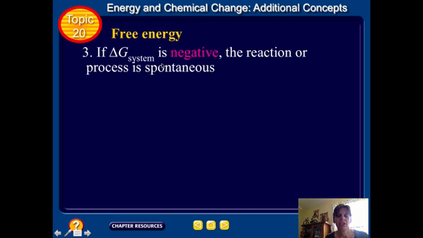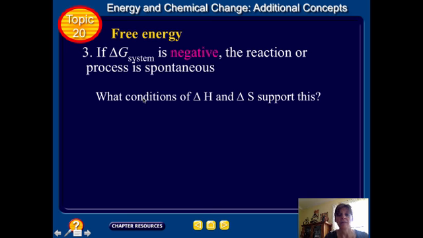So if your delta G is negative, that means it must be spontaneous, because if you have what most things tend to do, you have a negative delta H and a positive delta S, releasing energy, getting more disordered, you have a negative delta G, because delta G would equal a negative value minus temperature times a positive value.